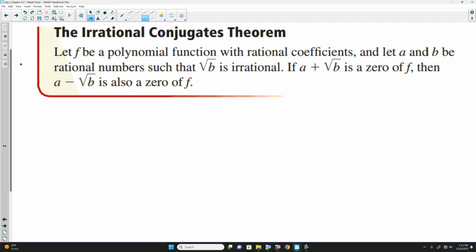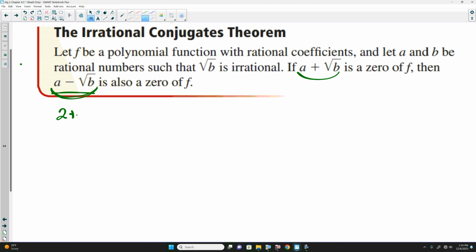The main part of this is that if a plus the square root of b is a solution, then a minus the square root of b is also. So if we have a plus the square root of a number as a solution, its conjugate, a minus the square root of that value, is also a solution. If we have one, we have to have the other. And that's all the irrational conjugate theorem is.